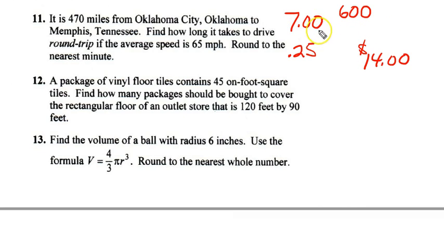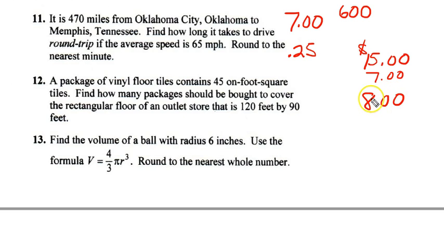Well, you subtract the 7 from the 14. In fact, let's make this 15 so we don't get our 7s all confused here. Let's say you spent $15. That'll be better. So you're going to subtract 7 from the 15 and get $8.